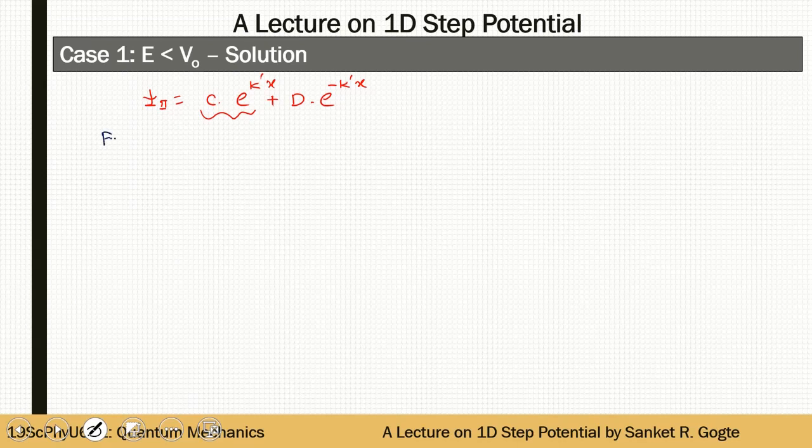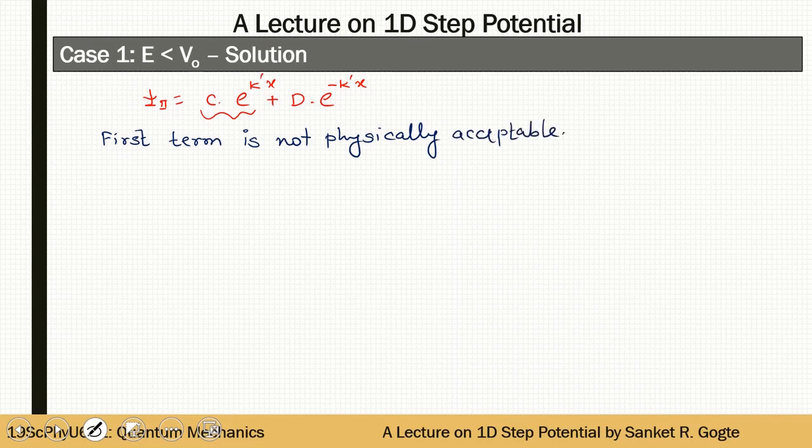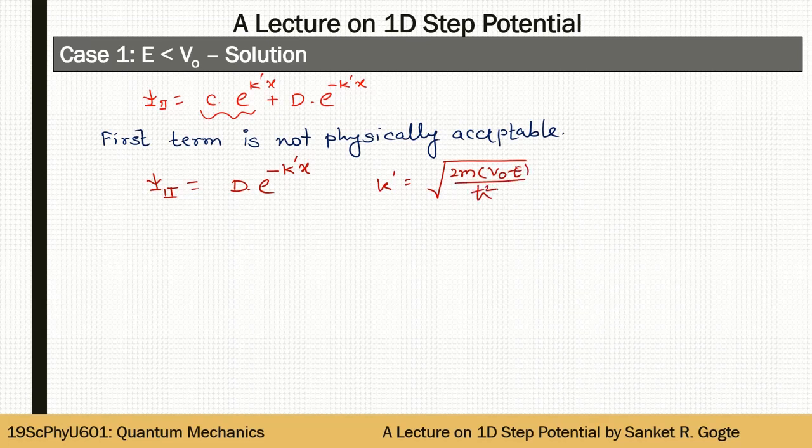The first term is not physically acceptable, and therefore the solution psi 2 is d into e to the power minus k prime x, where remember k prime is this positive constant, square root of 2m into v0 minus e by h cross square.